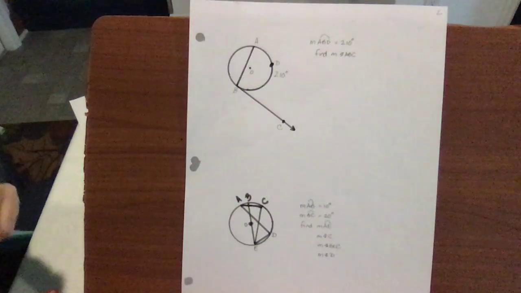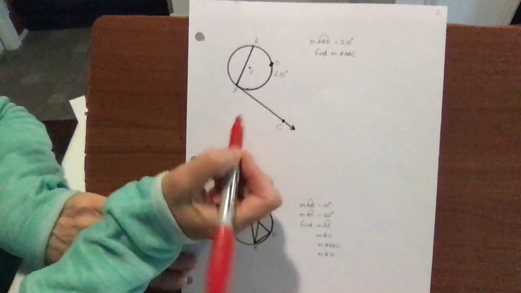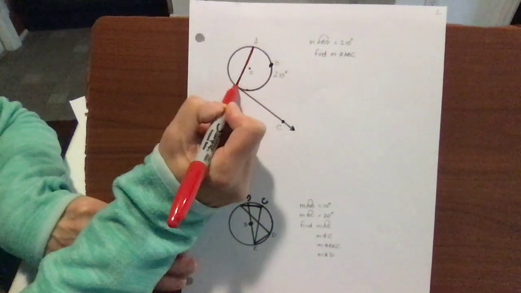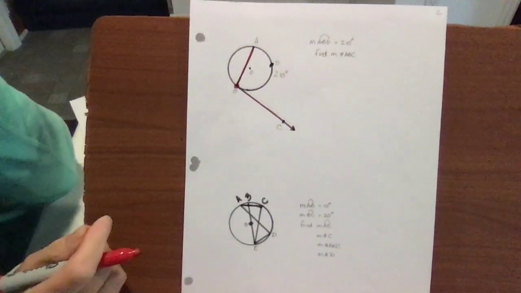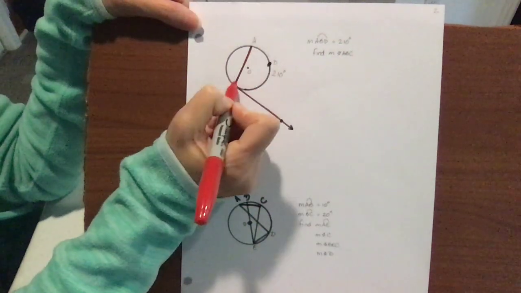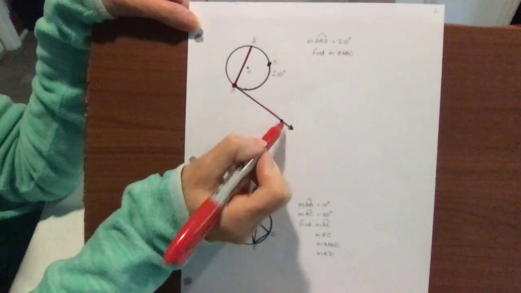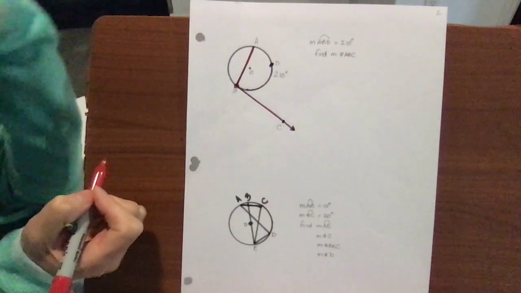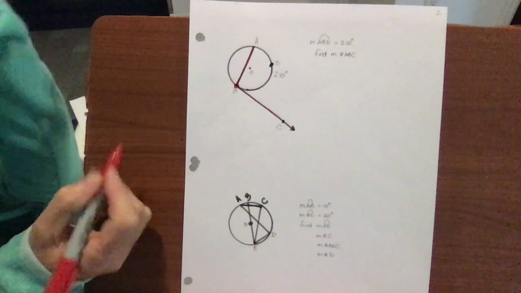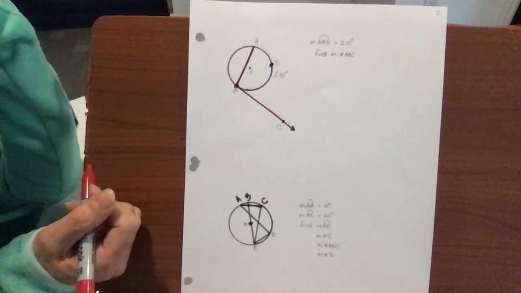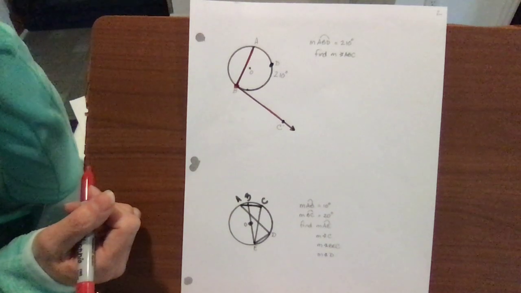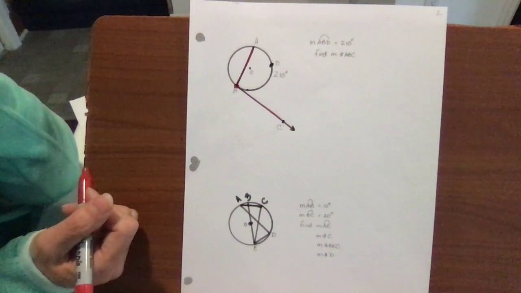Okay, next problem. We want to find the measure of angle ABC. What's interesting about this angle is its vertex is on the circle. It's formed by chord AB and ray BC. Even though the angle is not inside the circle in its entirety, its vertex is on the circle, so therefore it follows the same rule as finding inscribed angles.